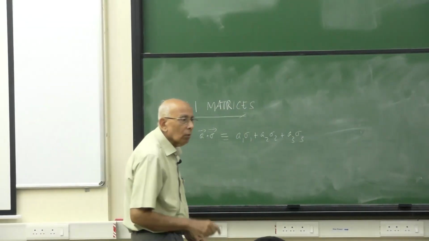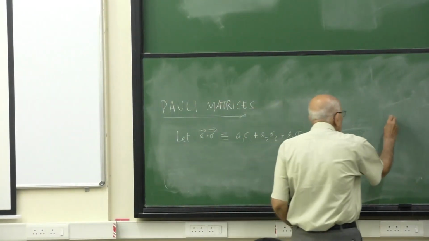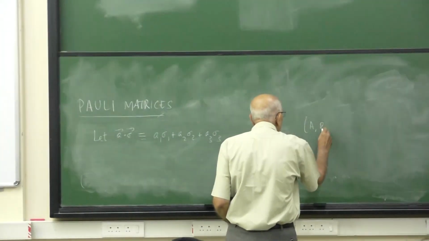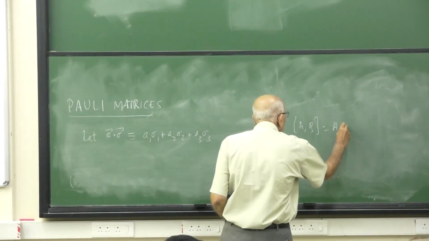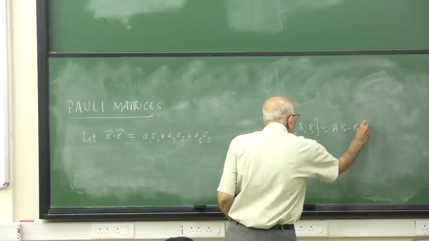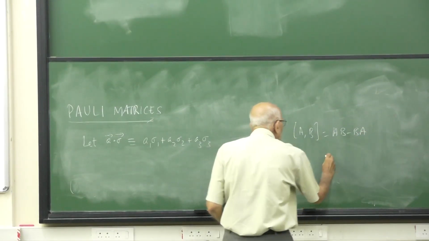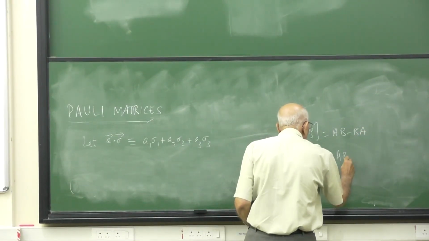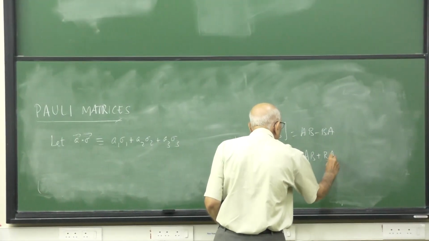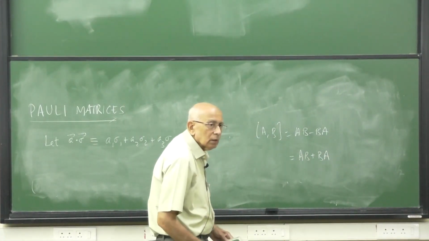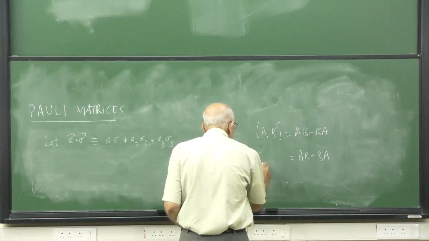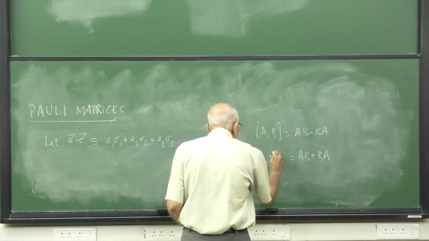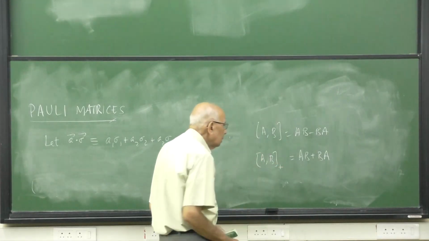Oh, what's the notation? Yeah, it's a good question. The anti-commutator is defined as AB plus BA in general. There are many different notations for it, but the one I like is this, AB with a plus sign.